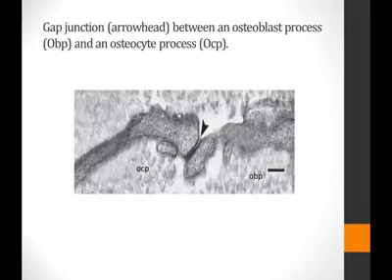So this figure here shows how the osteoblast cell process and the osteocyte cell process are connected to one another, and they form a gap junction which basically helps in the transfer of information from the osteocytes to the osteoblast and from the osteoblast to the osteocyte.